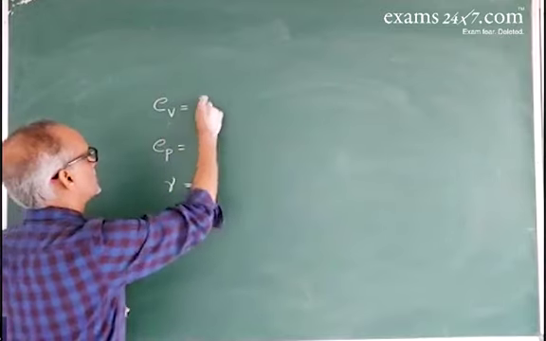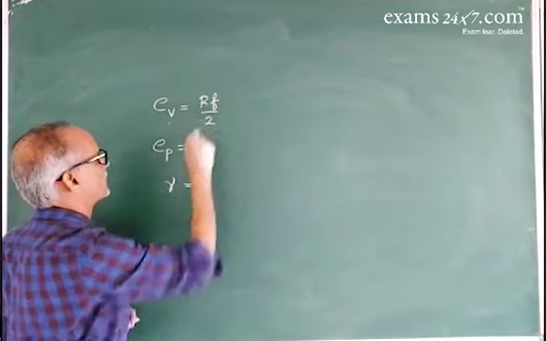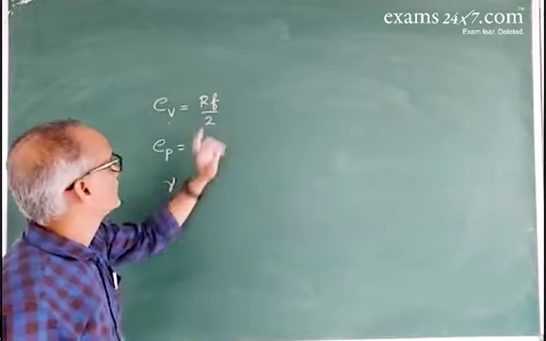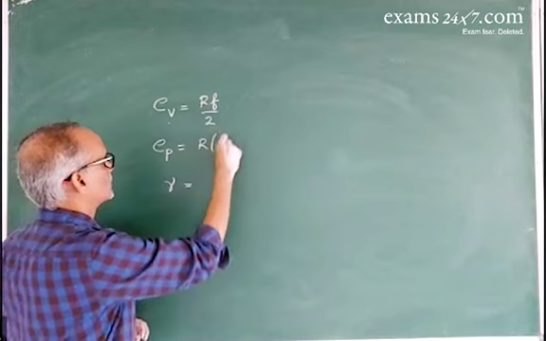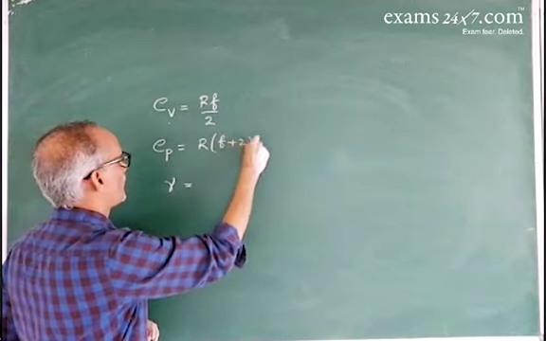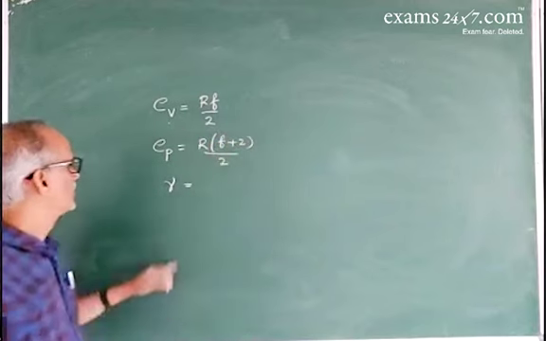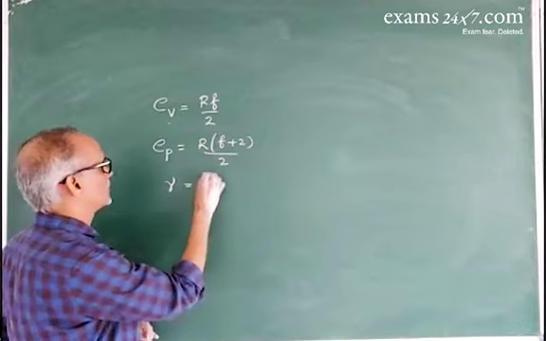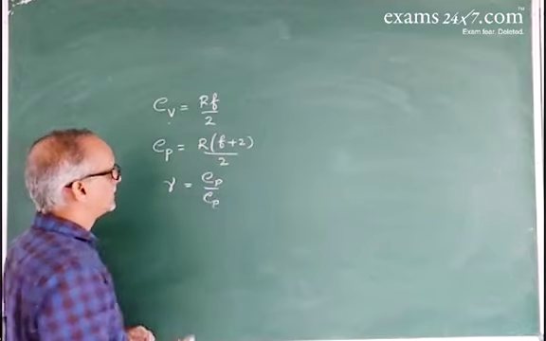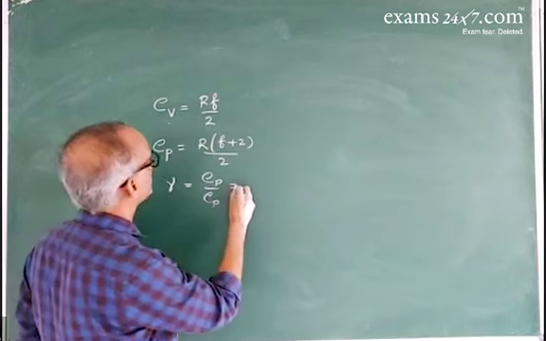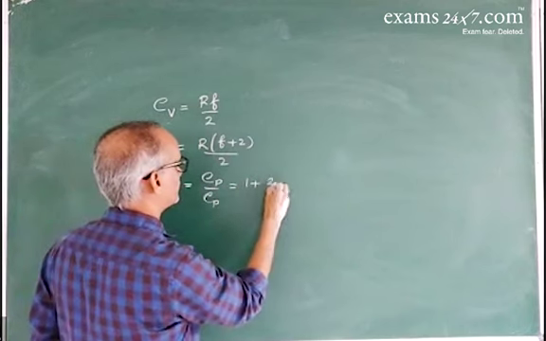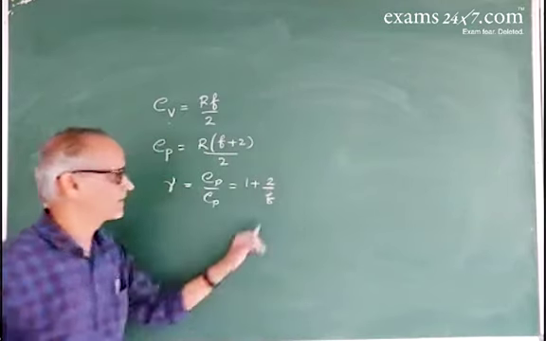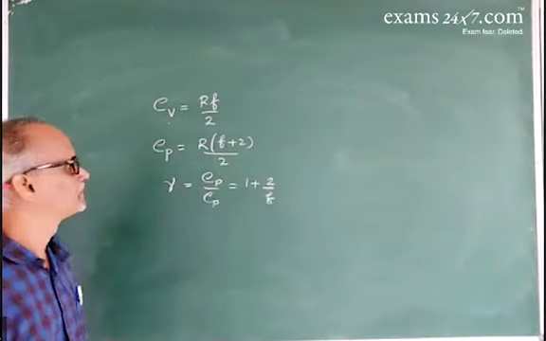Now Cv is equal to Rf by 2, where f is the degrees of freedom, and Cp is equal to R into f plus 2 by 2, and the value of gamma is equal to Cp by Cv, and we will get 1 plus 2 by f, where f is the degrees of freedom.